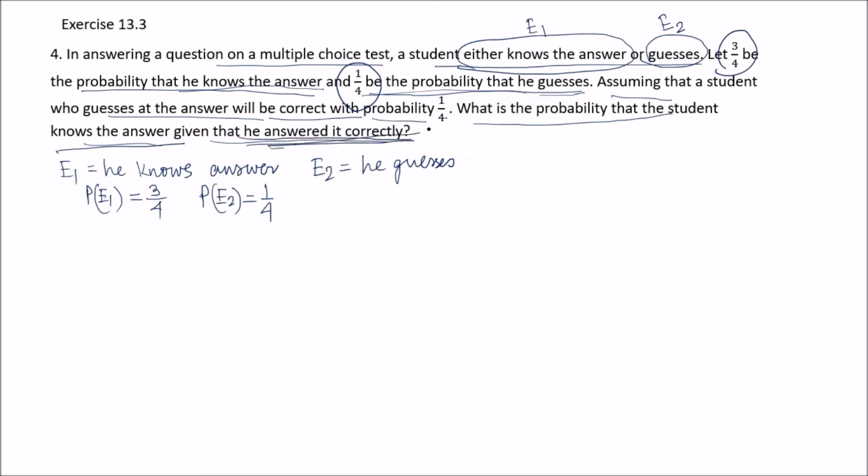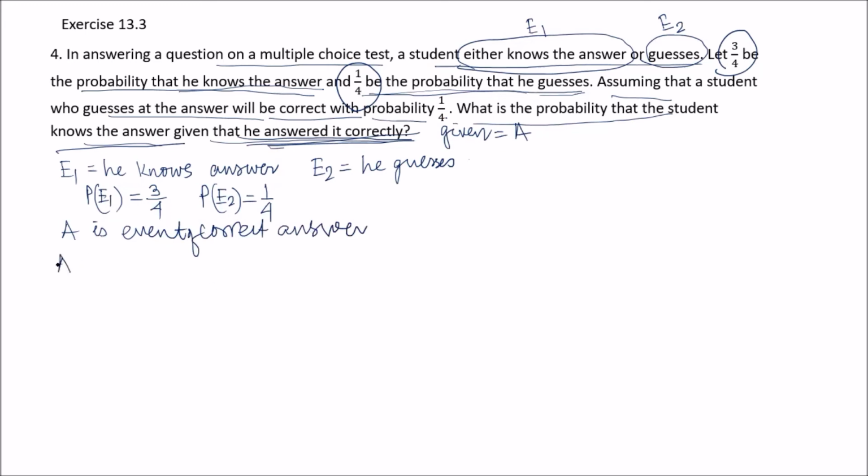Given that, what is given, that is your A. That is the event A. So event A is the event of correct answer.